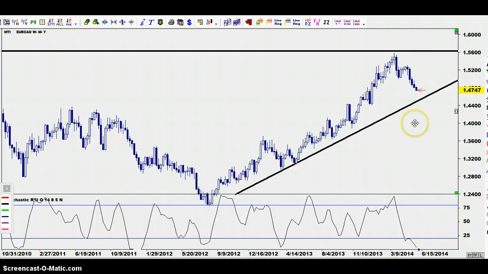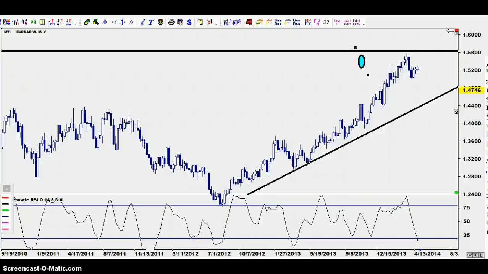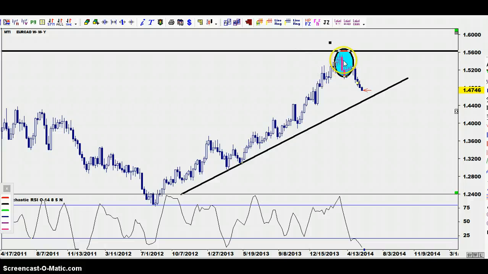I probably would have traded that bearish candlestick formation right here. That was a funny looking one, but there you go. I don't know why it's all dark around the edges. Yeah, so I would have traded that bearish candlestick formation.